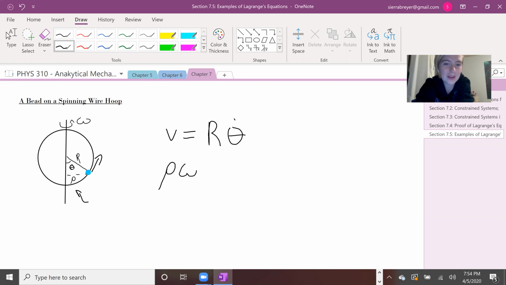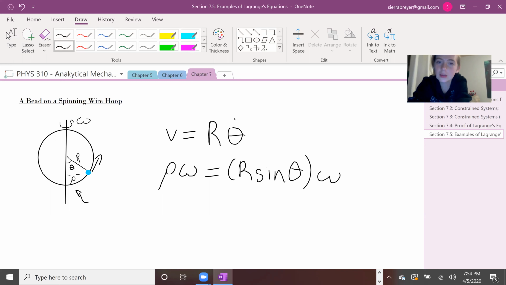That times the angular velocity it's spinning at is equal to r sine theta times that omega angular velocity. The thing to know about that is it is going to be normal to the hoop.